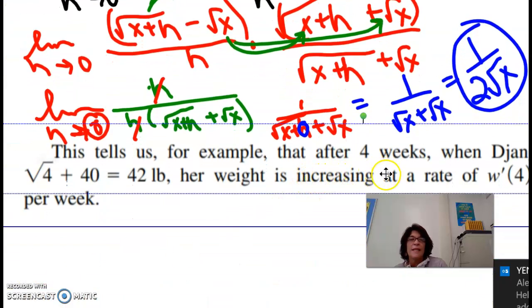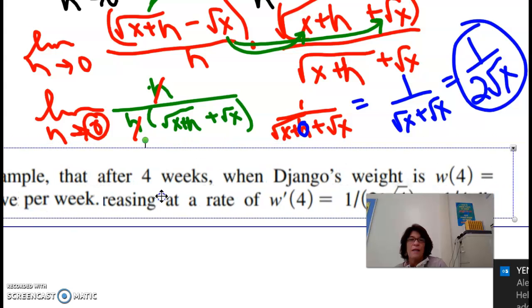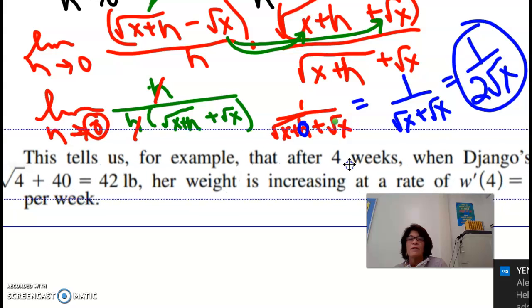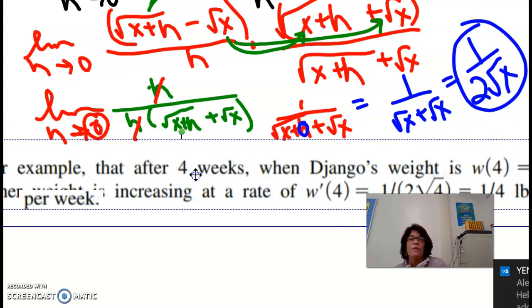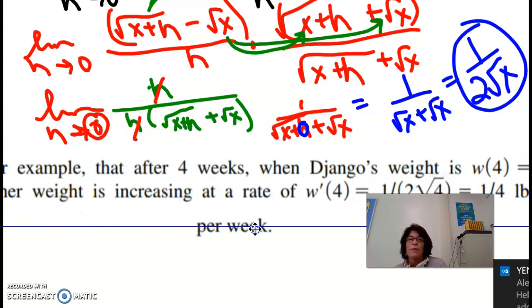But the weight is increasing at 1 over 2 square roots of 4. Okay, I'm putting 4 in the derivative function. That's 1 over 2 times 2. So that's 1/4 of a pound per week. Okay, it's increasing at a rate of 1/4 of a pound per week. That's what a rate is.